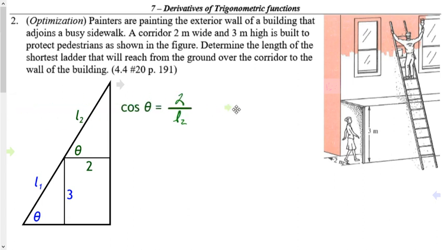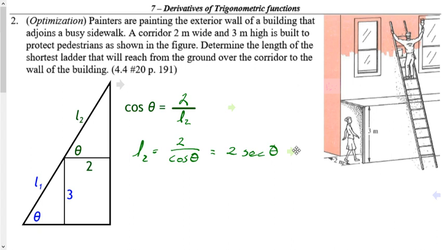So as I look at this top triangle here, cosine of this angle will be adjacent, the 2, over the hypotenuse, L2. And if I rearrange that, I will get L2 is equal to 2 over the cosine of theta, or 2 times secant of theta.